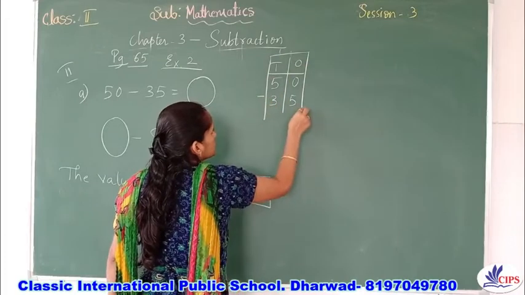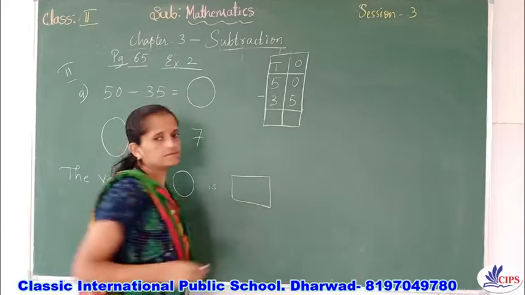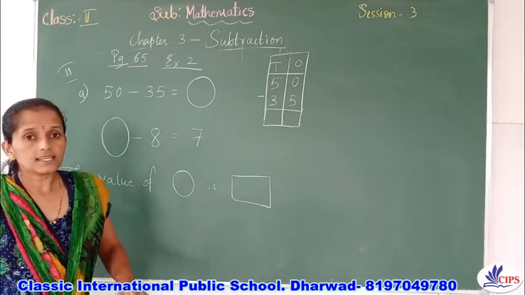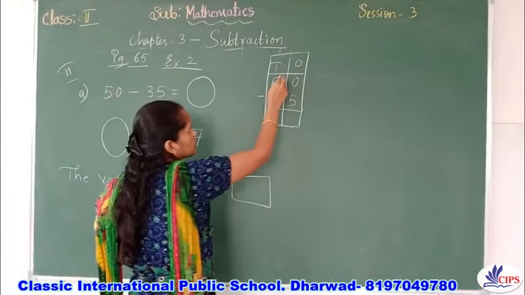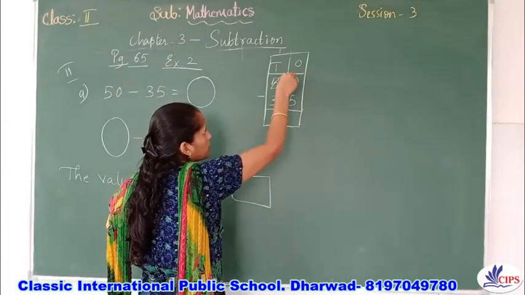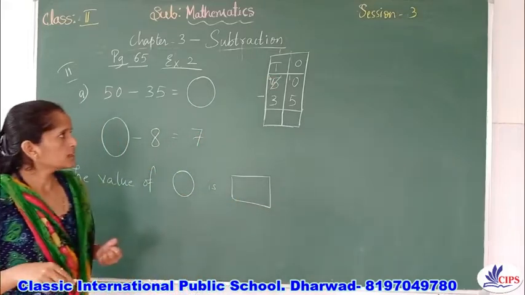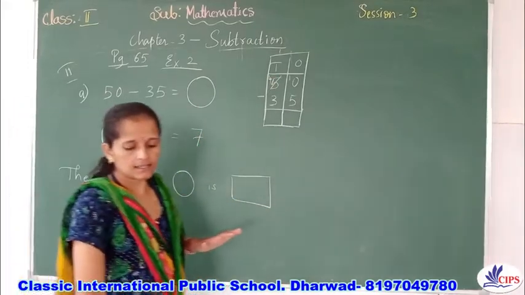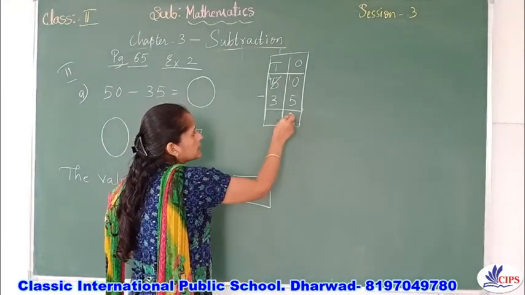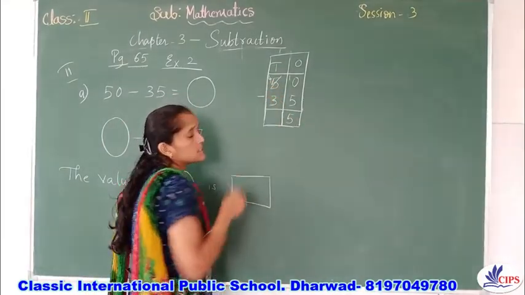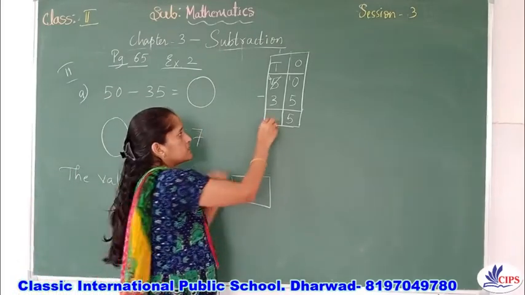How to do 0 minus 5? Is it possible? No. That time we need to borrow from the tens place. That is, cross out this 5, 1 will come here, and 4. 10 minus 5, that is 5, and 4 minus 3, that is 1.